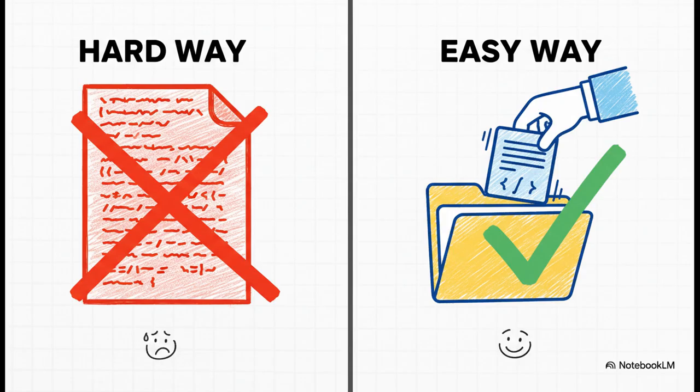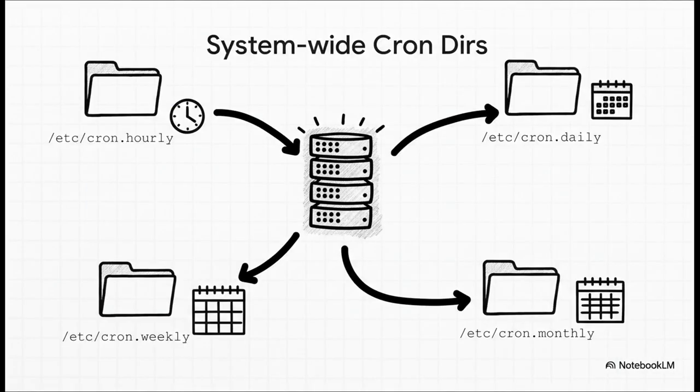Well, you could go and edit the main system crontab file, but there's a much cleaner, much simpler way to do it. You see, Linux provides this set of special directories just for this purpose. Any executable script that you place inside one of these folders will automatically be run by the system on that schedule. So you want a script to run daily for all users? Just drop it into the /etc/cron.daily folder. It's a really elegant and simple way to handle system-wide tasks.